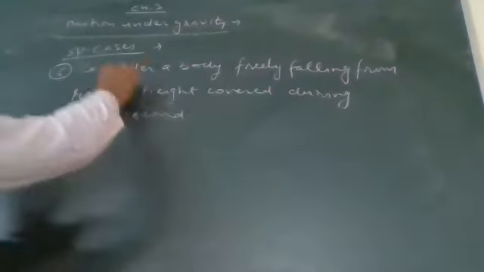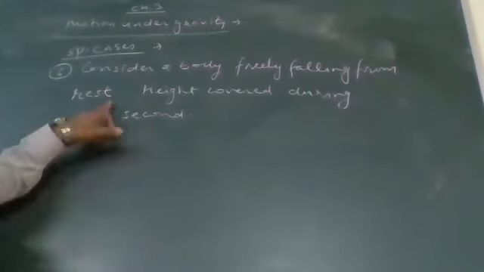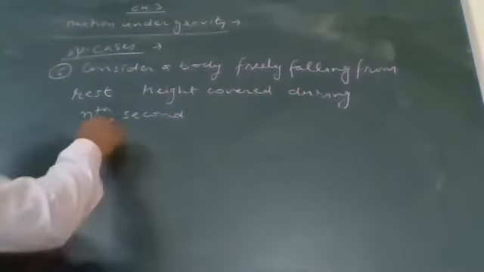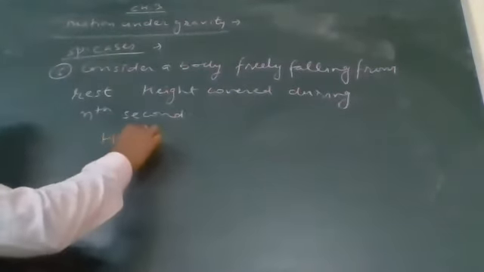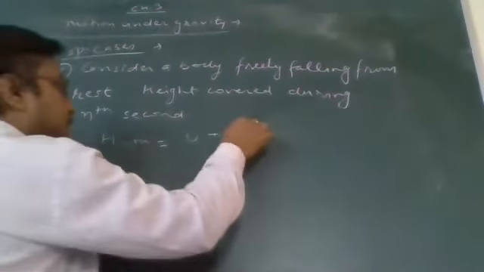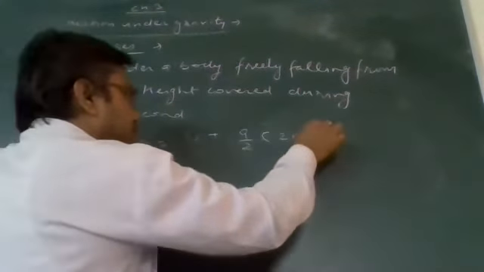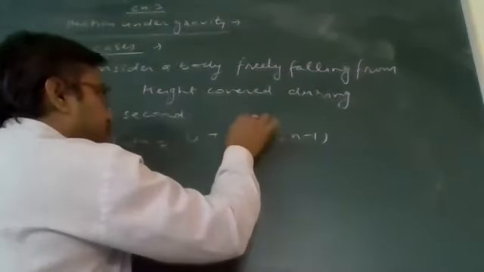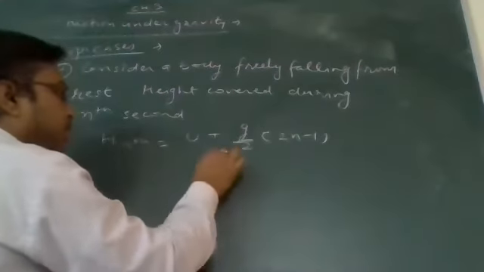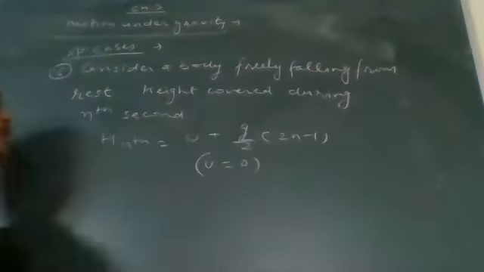Here, consider a body freely falling from rest. What is the height covered in the nth second? So I utilize the formula. The h_n formula is u plus a by 2 times (2n minus 1). This a will be replaced here by g. In the question, it is already given that the value of u is 0 because it is freely falling from rest.